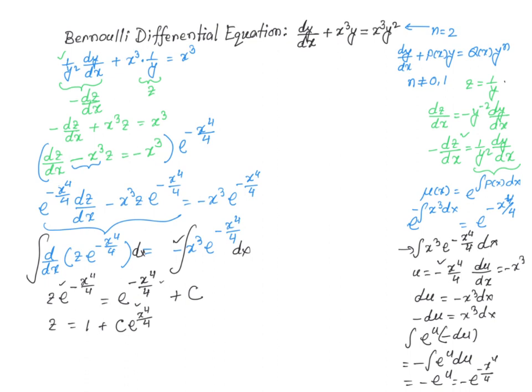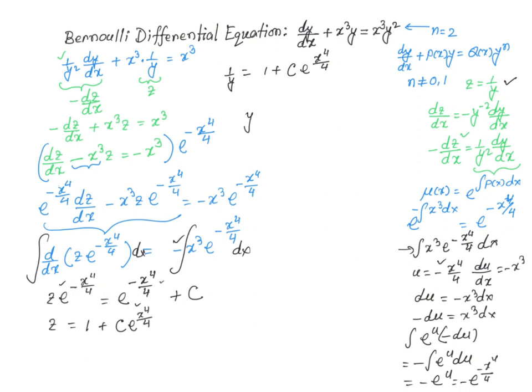Now, z is, however, equal to 1 over y. So 1 over y is equal to 1 plus c times e to the power x to the power 4 over 4.